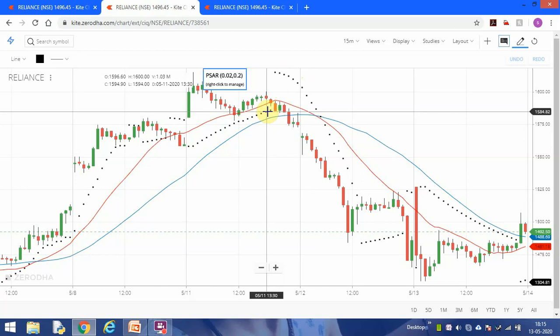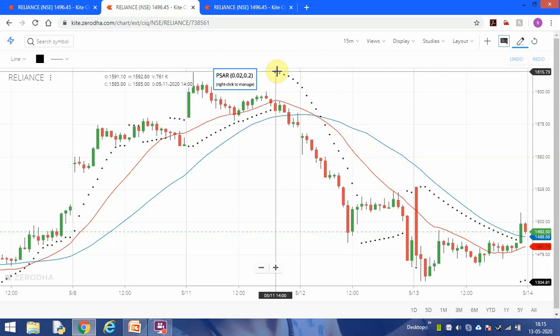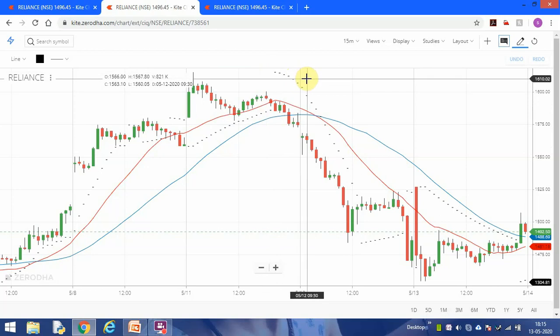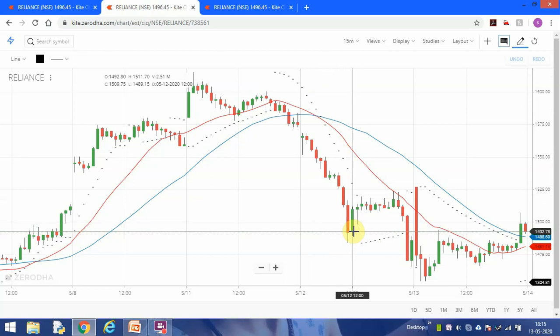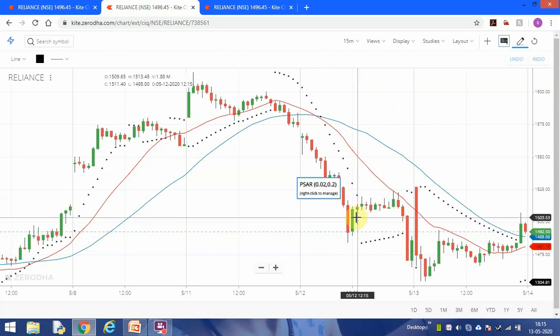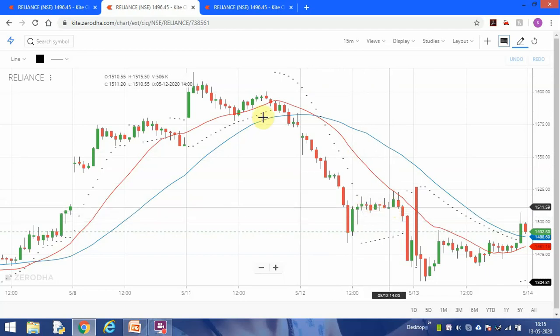You see this was below candle, then it came above candle. So once trend change is there and moving average crossover, you can take a short trade. If you have taken a short trade at 9:30, then you get the similar profit, and this is a range bound market. So I already told you, don't take a trade in these sideways range bound markets.